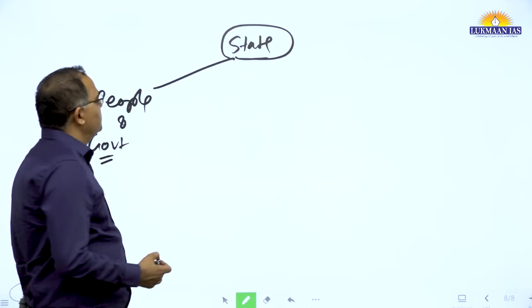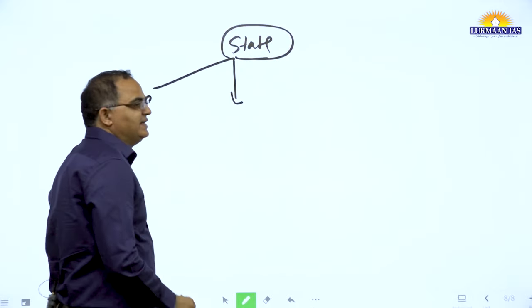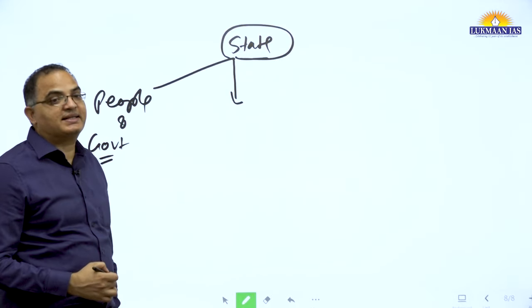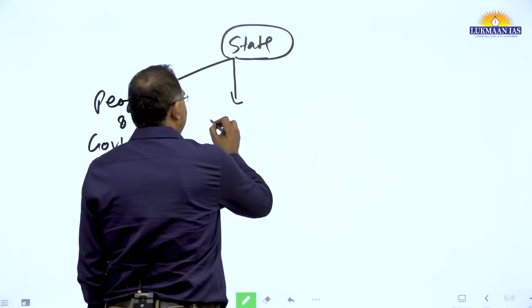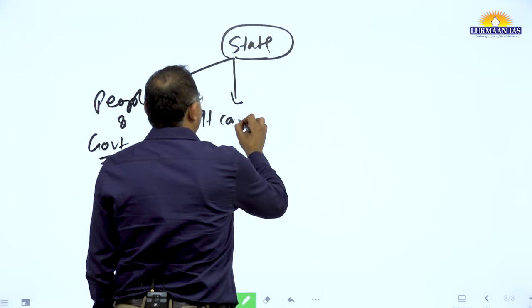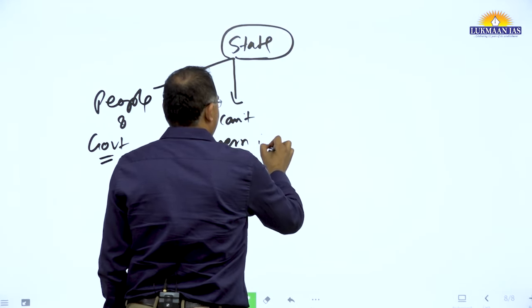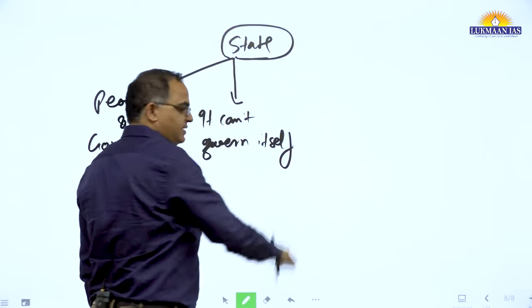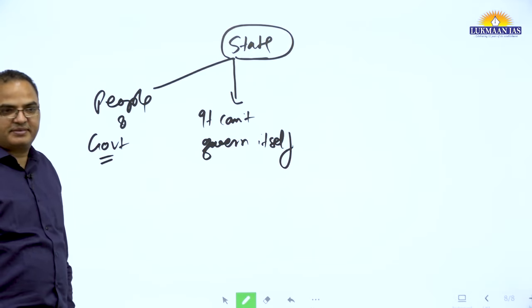So basically, when you have a state, a state also cannot govern itself. You should know that. When people created states, the state cannot govern itself.